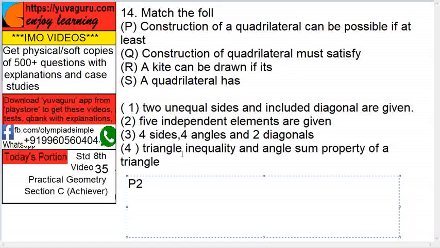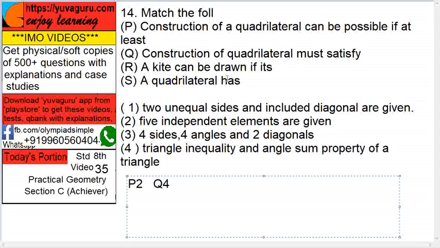In a quadrilateral, two triangles were formed and this condition was not satisfied. Check that, you will get the idea from there. Okay, so two triangle inequalities must be satisfied and the angle sum property of a triangle must be satisfied. So Q matches with 4.